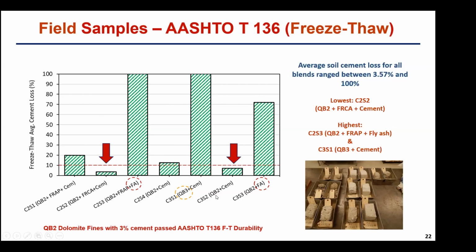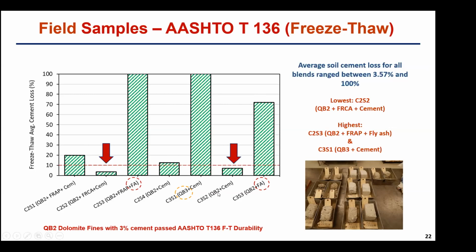What was interesting again is that if you look at the QB2 samples now, even though these samples were exposed to many freeze-thaw cycles in the field early on, and also they were tested with this harsh test, you would see that many of them had very low soil cement losses after the 12 cycles.